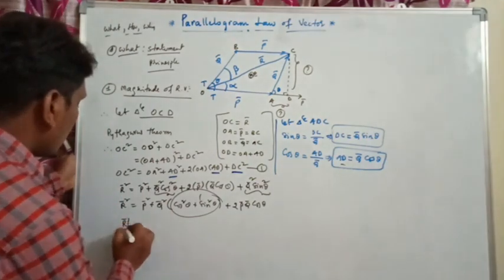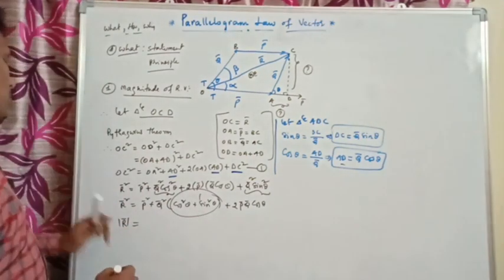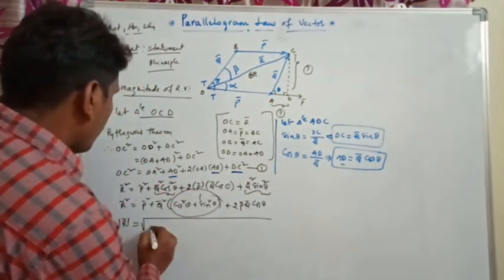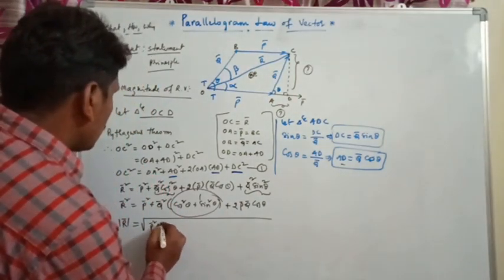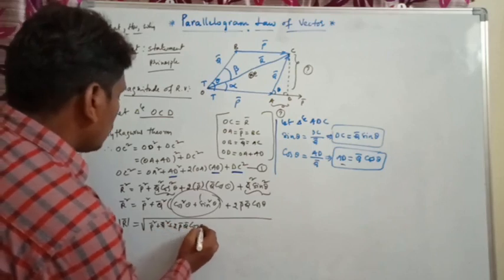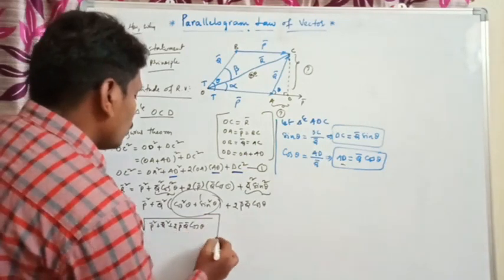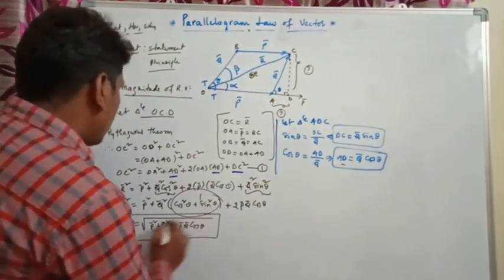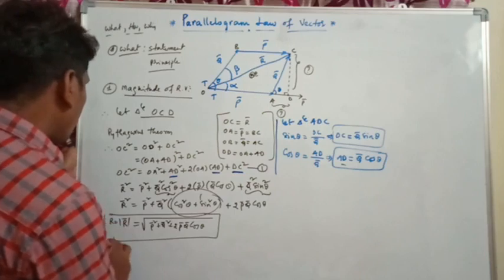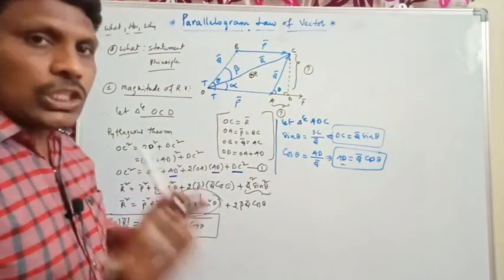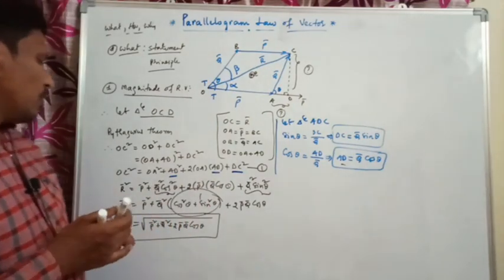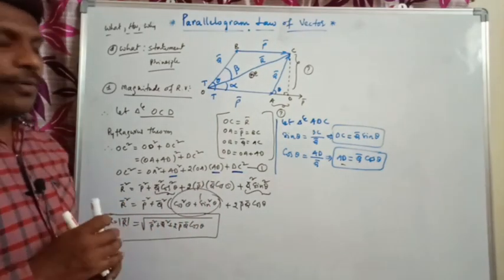Then mod R bar equals the square root of P bar square plus Q bar square plus 2 P bar Q bar cos theta. So this is the formula for R, because R is the magnitude of the resultant vector, which can be denoted as mod R bar.